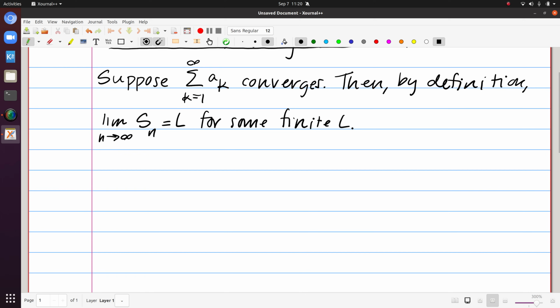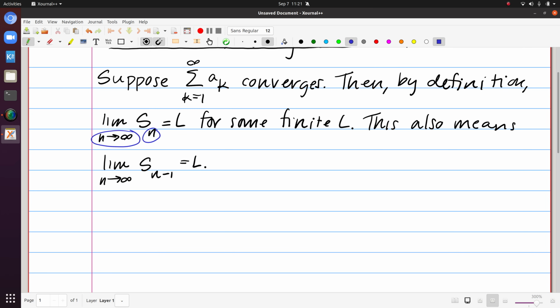So this also means that the limit as n approaches infinity of s sub n minus 1 is equal to L. So just to pause and think about that, what we're saying in our first statement is that as I send n to infinity, the partial sums s sub n approach this finite value L. So what we're doing here is we're still sending n to infinity.